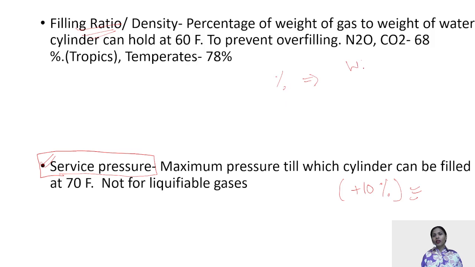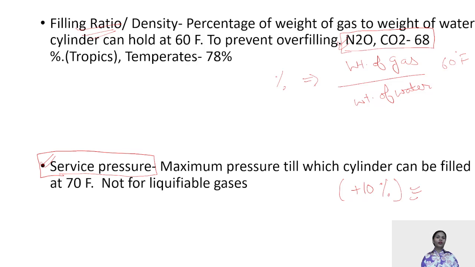It is weight of that particular gas upon weight of water that the cylinder can hold at 60 degree Fahrenheit, which for nitrous and CO2 is approximately 68%. So we have a service pressure and we have a filling ratio.